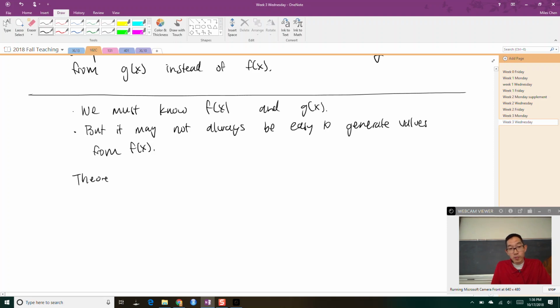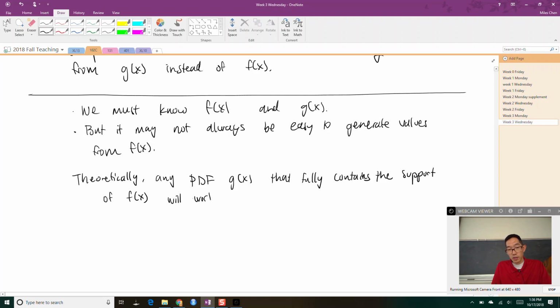Theoretically, any PDF g of x that fully contains the support of f of x will work.